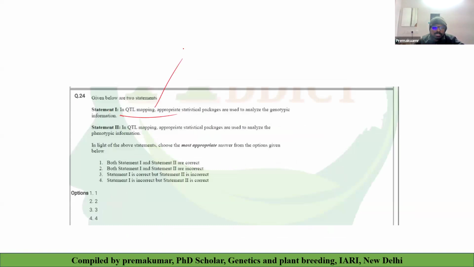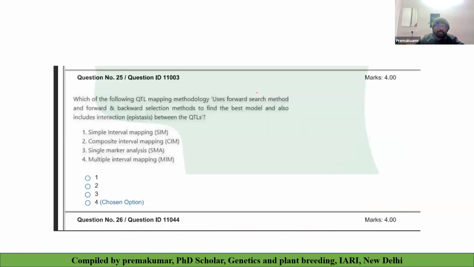In QTL mapping, appropriate statistical packages are needed, since we are doing both genotyping and phenotyping. Then we discussed that it is actually multiple interval mapping, because only in this are we able to identify epistasis. The other three methods we are not using. But actually the answer key was given wrong.